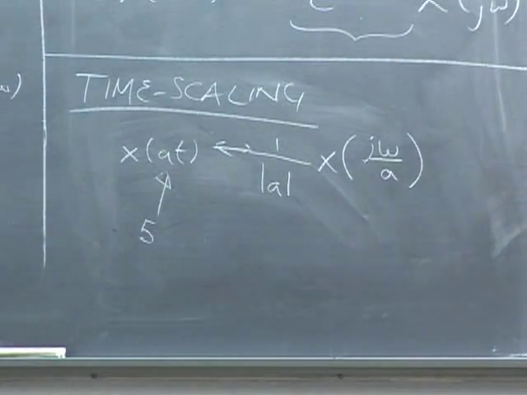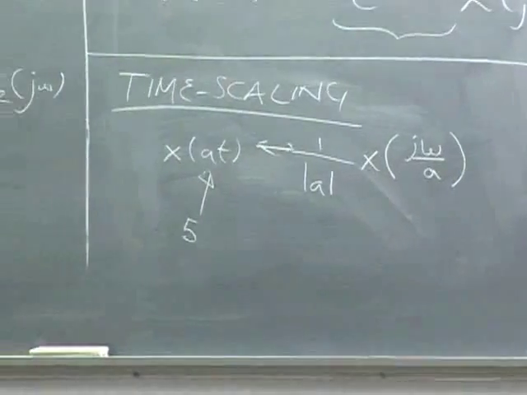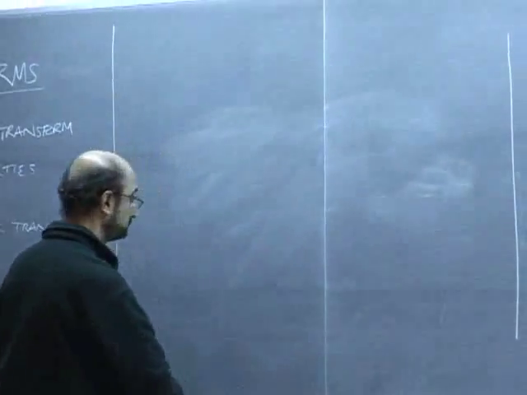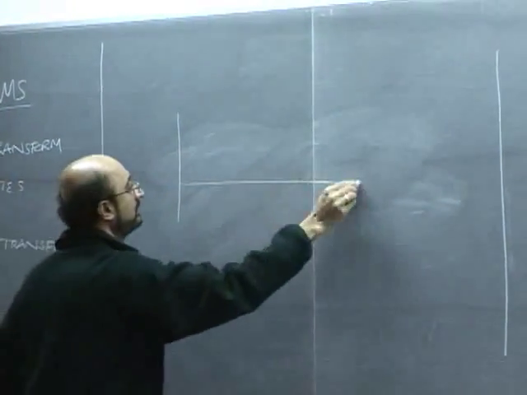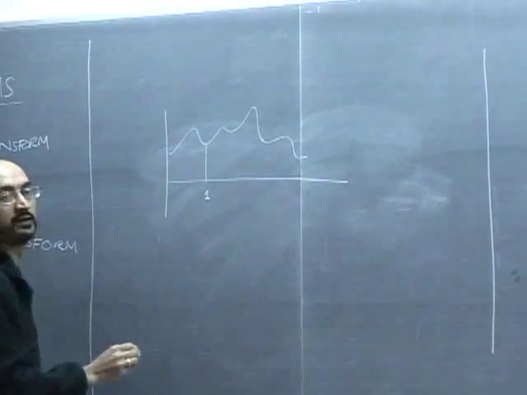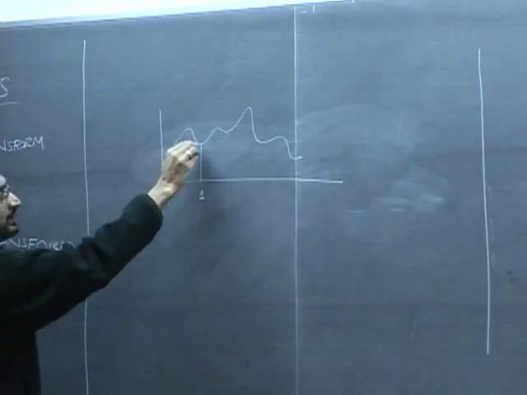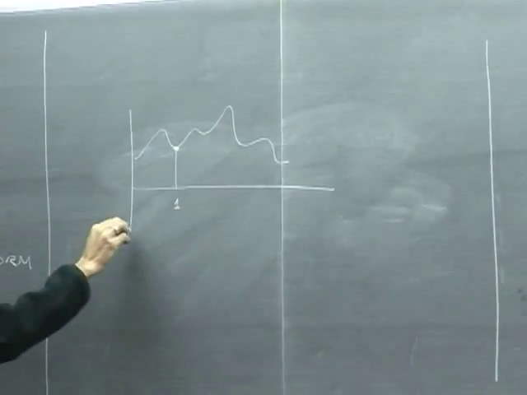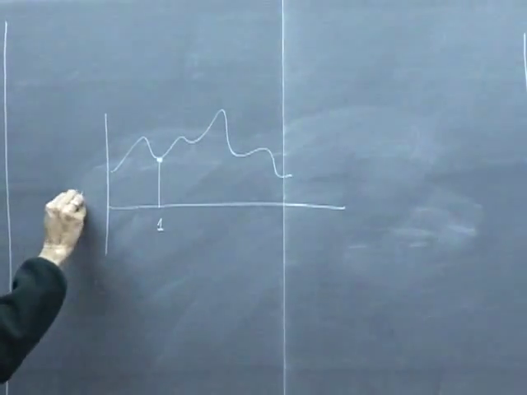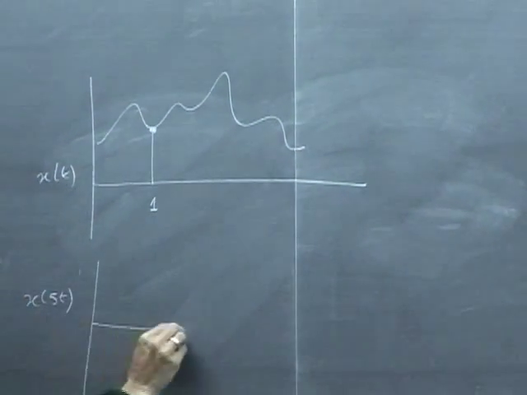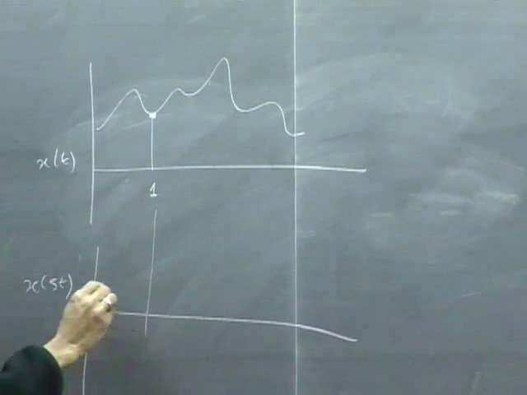What's happening is that, let's take some signal over here, and I pick some value over here. Let's say this is 1, right? So x of 1 is this value over here. Now, this is x of t. What is x of 5t? What's going to happen is that this value is going to look the same.